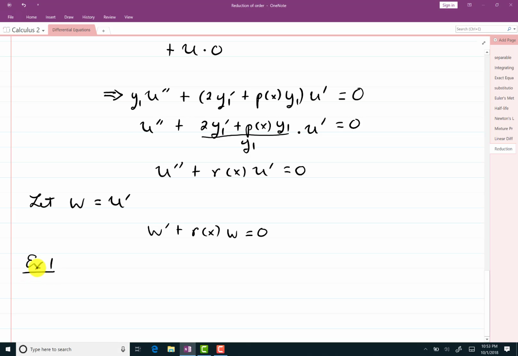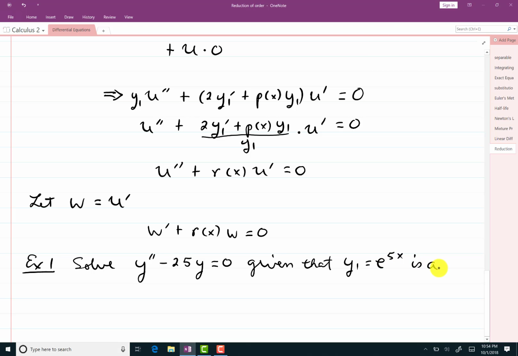For our first example, solve y double prime minus 25y equals 0, given that y1 equals e to the 5x is a solution.